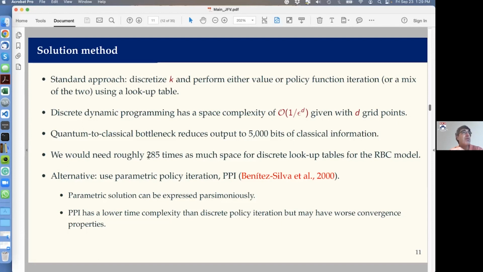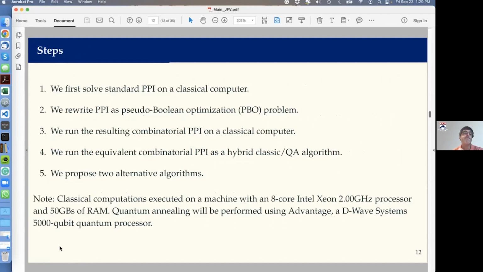This is very similar to a lot of things that are also done in engineering. You may be familiar with ideas such as approximate dynamic programming, and at the end of the day, it's roughly the same. PPI has a lower time complexity than discrete policy iteration, but may have worse convergence properties.